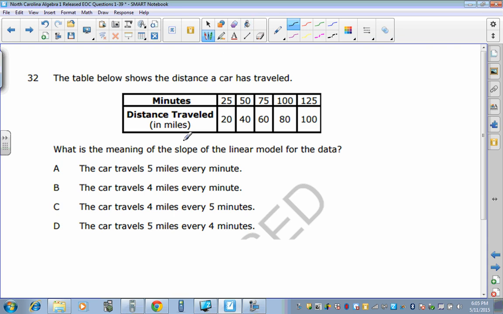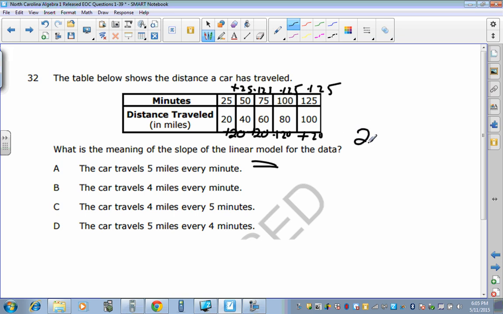Okay, the slope in this linear model, they're telling us linear, so we need to look for linear. Look, it's going up 25 each time, and the distance is going up 20 each time. So it's a constant rate, that's a good sign, it's linear. Remember time is normally our x, or our dependent variable.